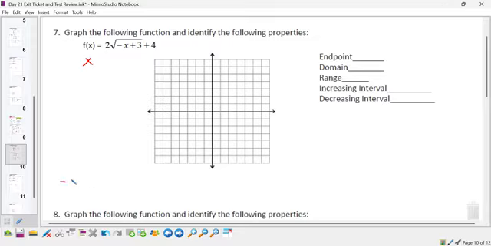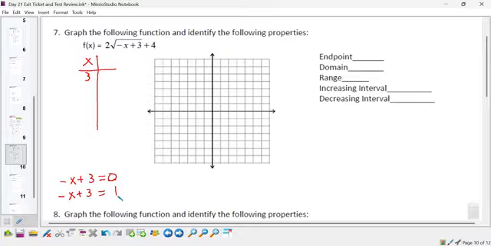I'm going to think to myself, negative x plus 3 equals 0. And I'm going to solve that in my head. Subtract 3, divide by negative 1, I get 3. So the first x value I'm going to substitute in is 3. Then I'm going to think negative x plus 3 equals 1.